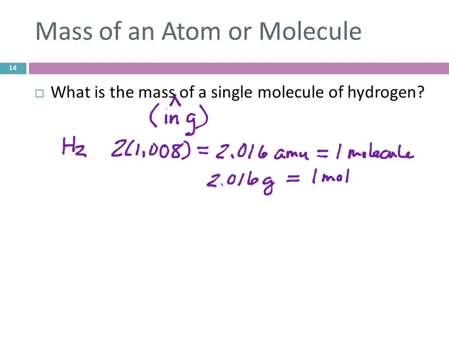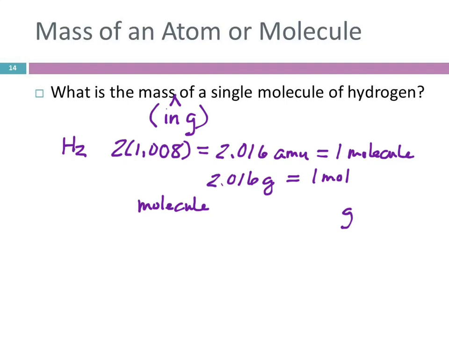You had a question? No? So a single molecule, how many molecules is that? Just 1. So I'm going to say that is our starting value. We want to find the mass of 1 molecule. So we're starting with molecule, and we want to get to grams.